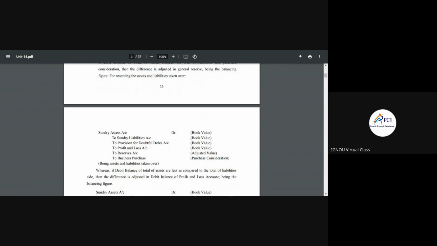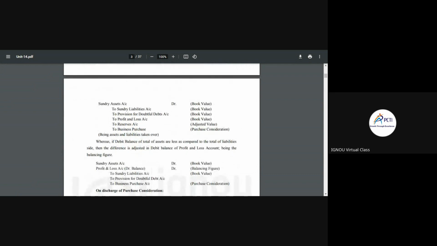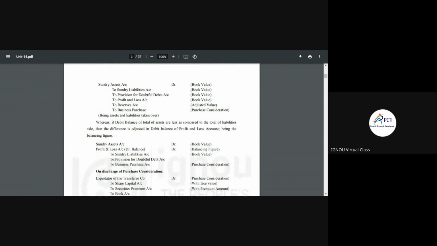If the debit balance of total of assets exceeds the total of the liabilities and purchase consideration, then the difference is adjusted in general reserve, being the balancing figure for recording the assets and liabilities taken over. That will be passed as: sundry asset account debit, to sundry liability account, to provision for doubtful debt account, to profit and loss account, to reserve account, to business purchase account.